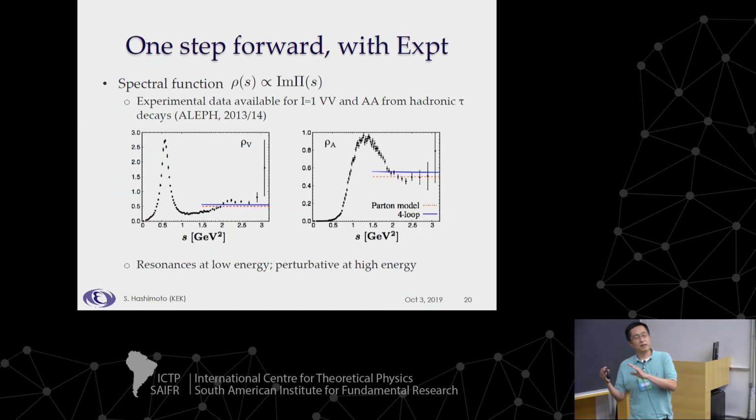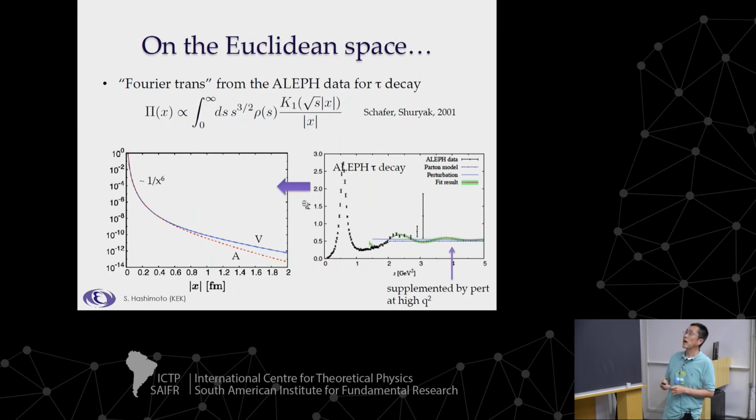Those are about the purely theoretical comparison between the lattice and the perturbation theory, and now we go one step forward, including the experimental data. You already saw this type of plots many times this morning, so I don't have to explain it. But in order to use it to compare with the lattice data, we do a kind of Fourier transform of the experimental data by using this type of formula.